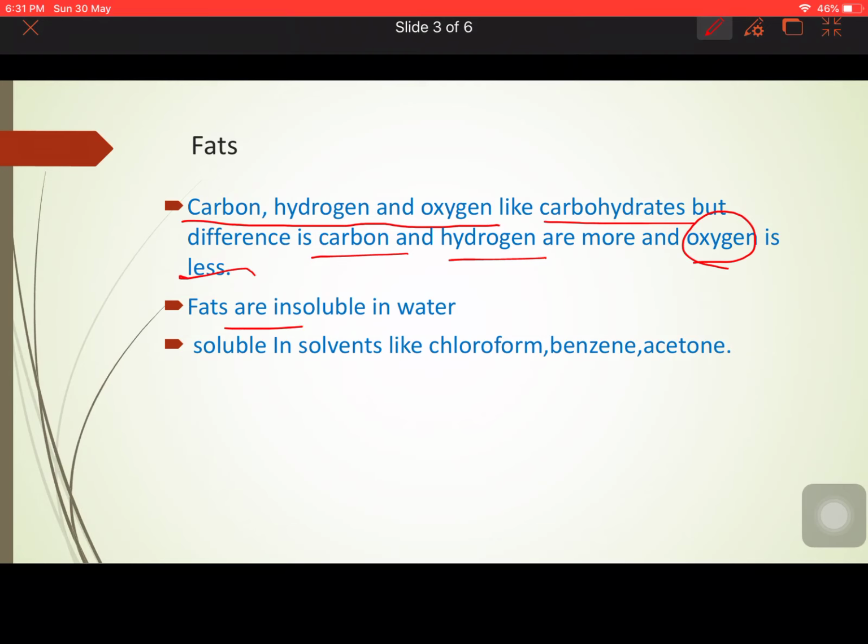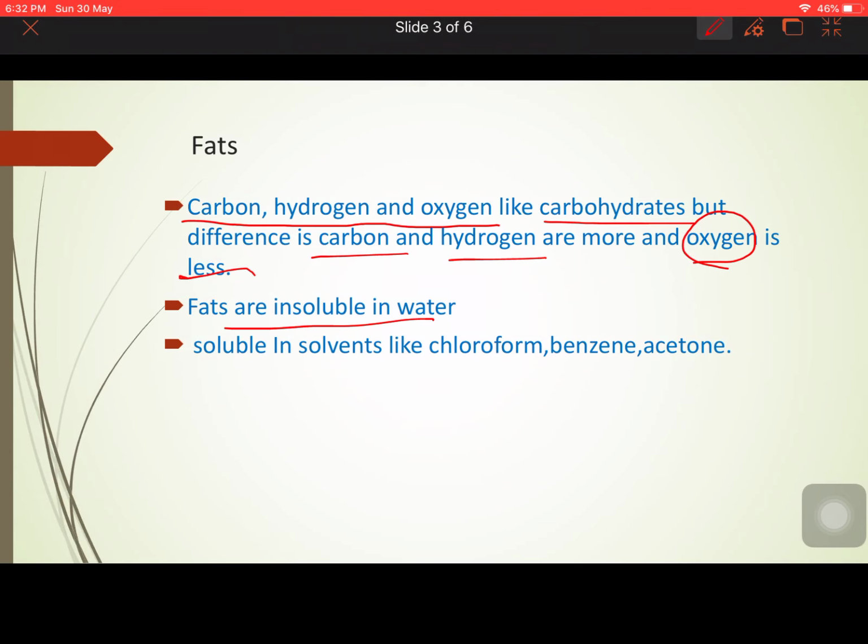Now, we all know that fat is insoluble in water. If you take a glass of water and try to mix mustard oil, coconut oil, butter or ghee in it, will it be soluble? No. That ghee, that butter, that oil, whatever oil you are using, will float on the top of the water.